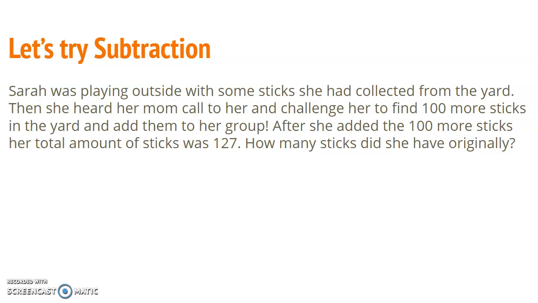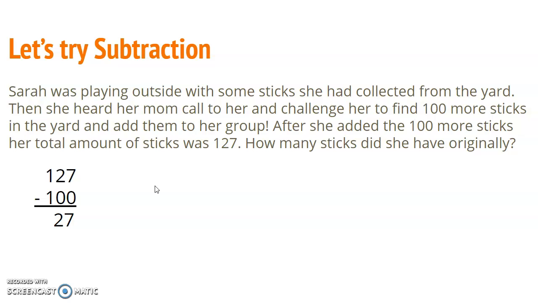So what you're going to need to do is subtract those two numbers. When we subtract, we always start with the bigger number on top. So our subtraction problem would be 127 minus the 100 sticks her mom challenged her to find. And if you subtract those, the original amount of sticks that Sarah had was 27.